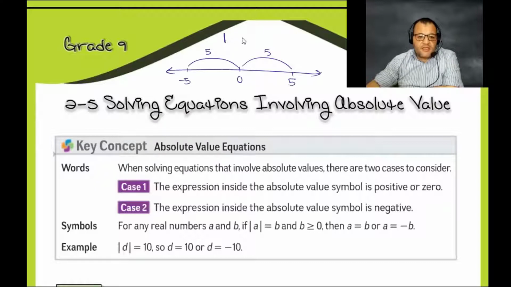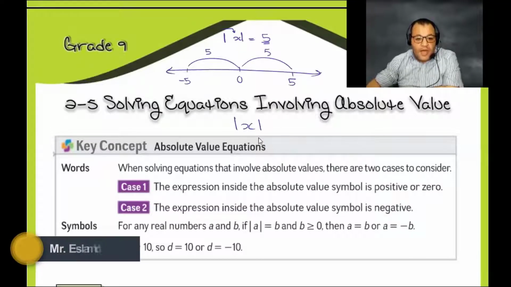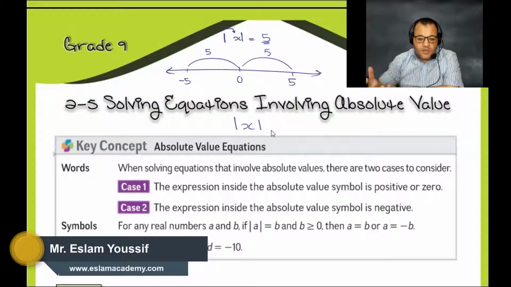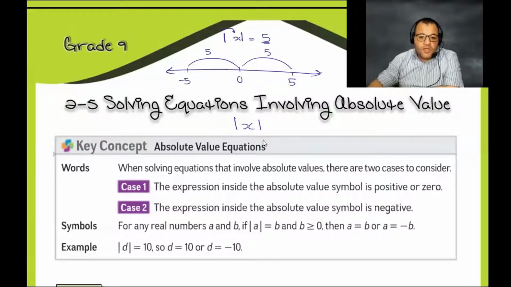Suppose we have a number inside the absolute value, and the answer equals 5. The distance from 0 to this number is 5 units. So what is the value of this number? That is how to translate it, how to convert the mathematical expression to the verbal expression, to English words that we can understand.